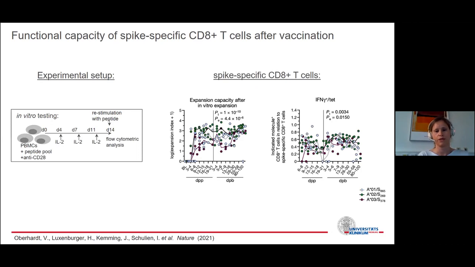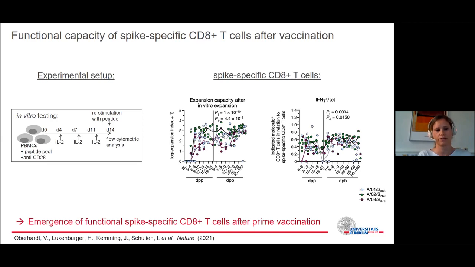When we investigated the functional capacity, as depicted here for the expansion capacity in the middle and on the right, the interferon gamma production, we could see that the early induced CD8 T cells are fully functional. So the mRNA vaccination leads to the emergence of functional spike-specific CD8 T cells.